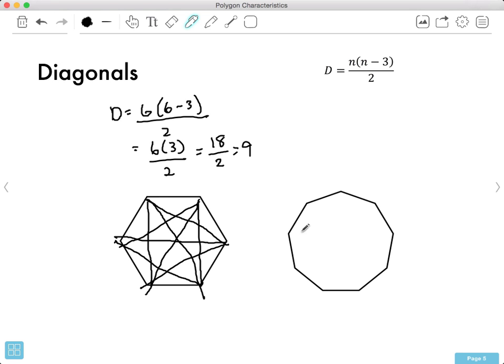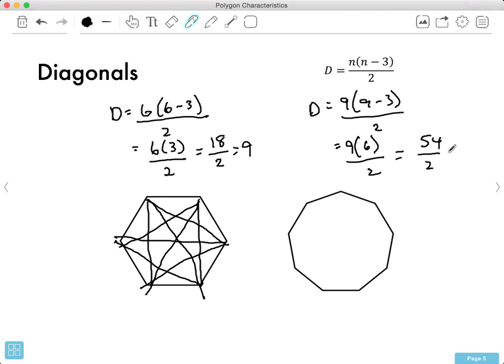For a nonagon, the number of diagonals would be 9, because there's 9 sides, times 9 minus 3 over 2. So you get 9 times 6 over 2. 9 times 6 is 54. So you can do this on your calculator too if you want. You get 54 over 2, or 27 diagonals.